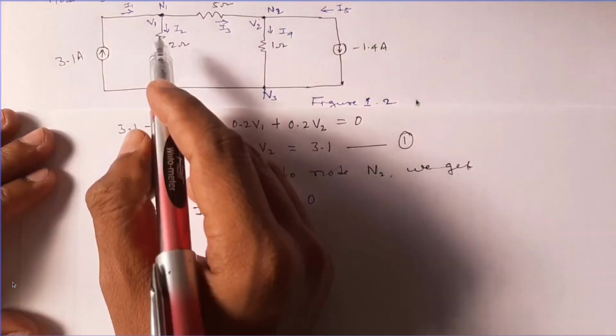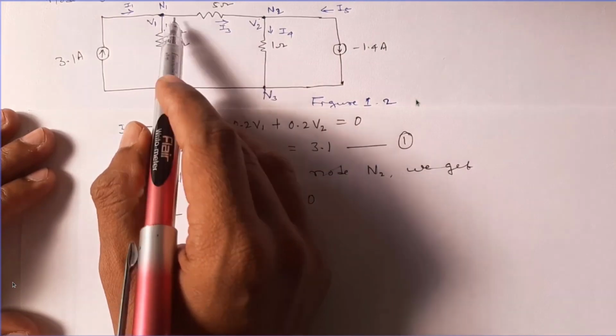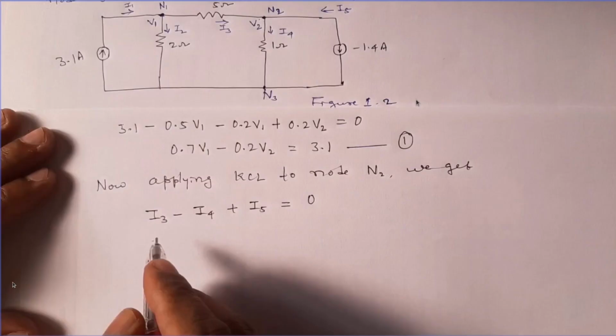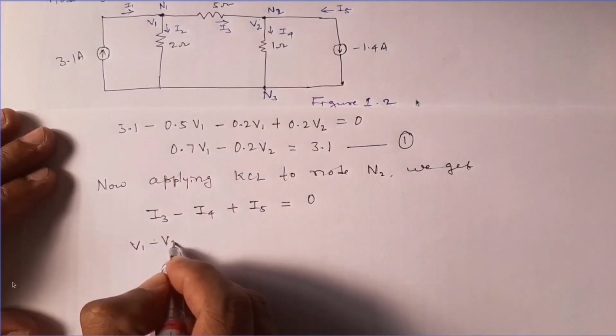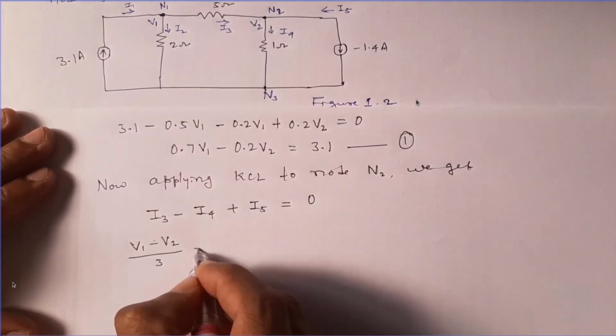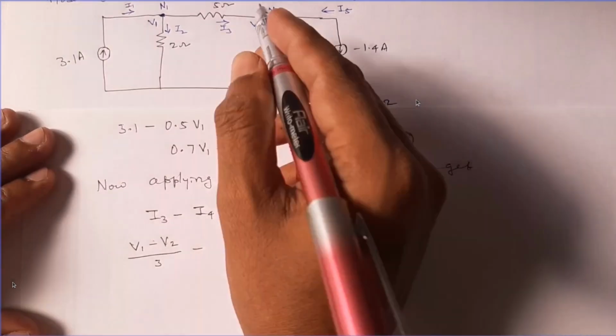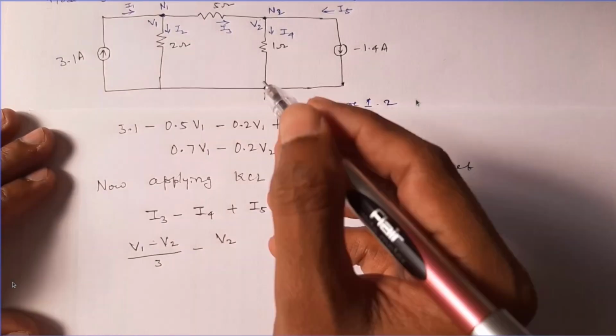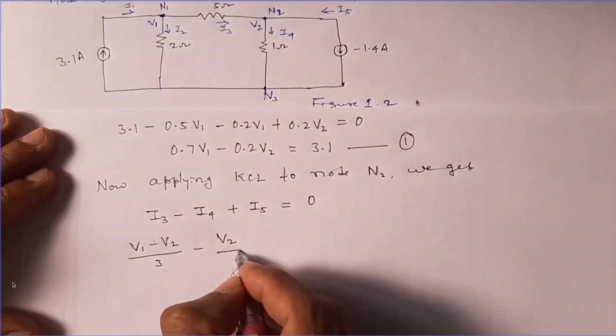So now I3 is how much? I3 is V1 minus V2 divided by the resistance, which is 5 ohm, minus I4, which is directly V2 minus 0, nothing but V2 by 1.